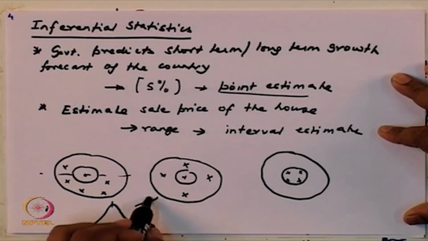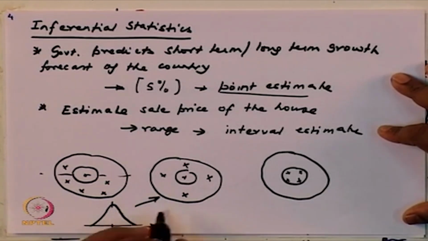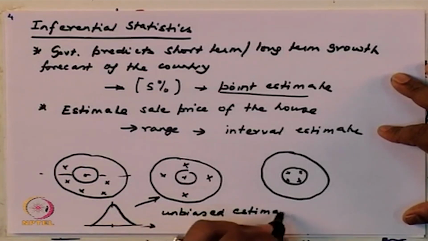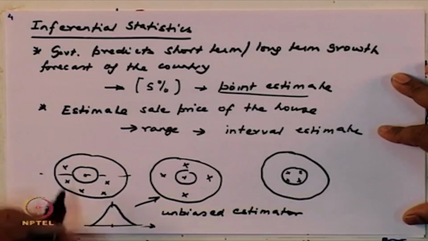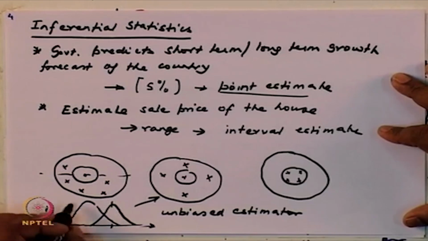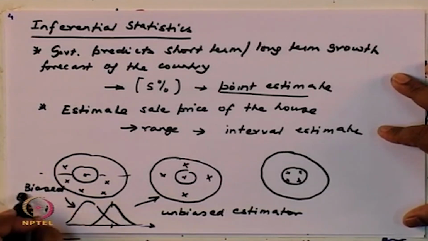So this would be closer to this one, and this kind of estimator is an unbiased estimator. Versus the example we have drawn here, where most of the time your values are underneath the true value. This is an example of a biased estimator.